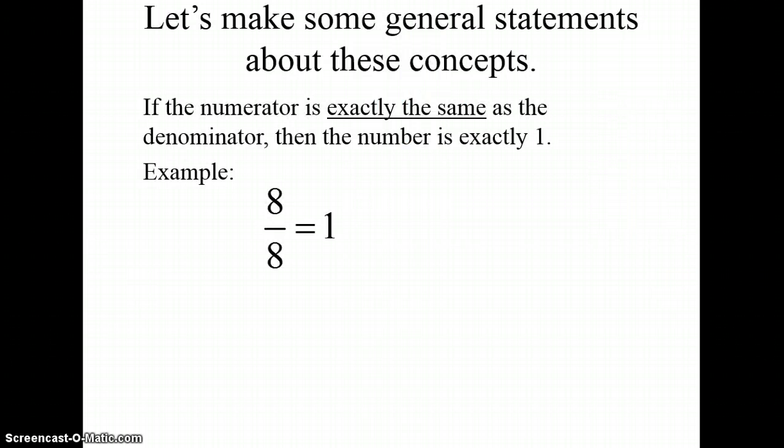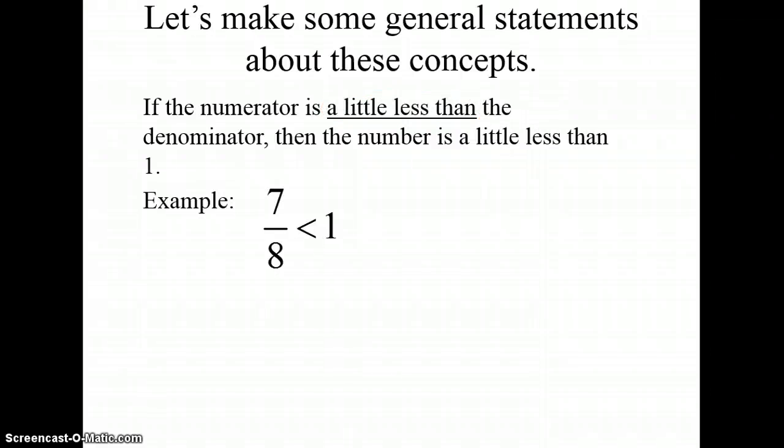Let's make some general statements about these concepts. If the numerator is exactly the same as the denominator, then that number is exactly 1. So 8/8 equals 1. Another general statement is: if the numerator is a little less than the denominator, then the number is a little less than 1.